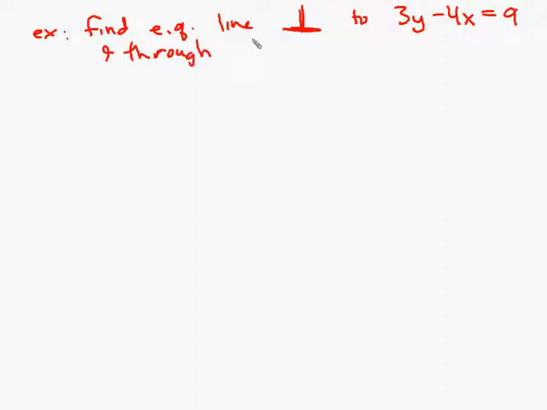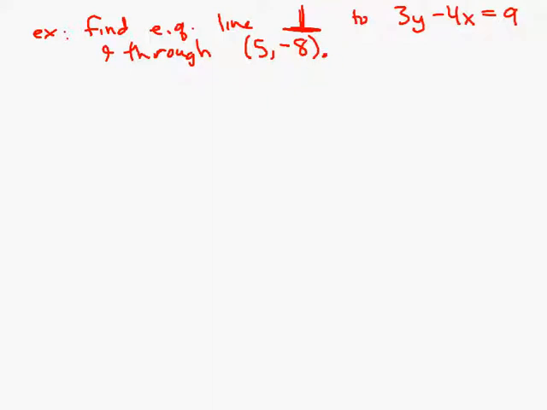So we're going to find the equation of the line, look at this symbol, perpendicular to 3y minus 4x equals 9, and through the point (5, negative 8).